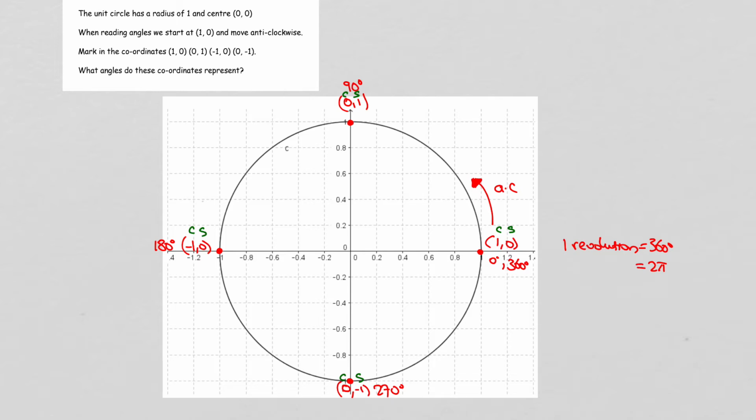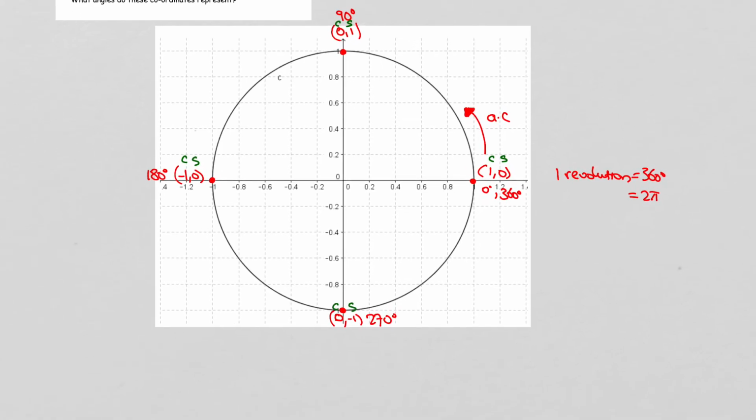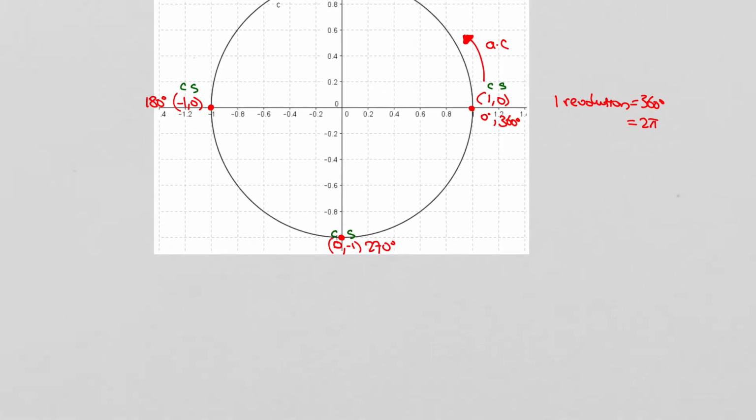In other words, if I look at the first angle there, cos of 0 degrees is the x-coordinate, which is 1. Sine of 0 degrees is the y-coordinate, which is 0. And therefore, tan of 0 degrees is sine of 0 over cos of 0.